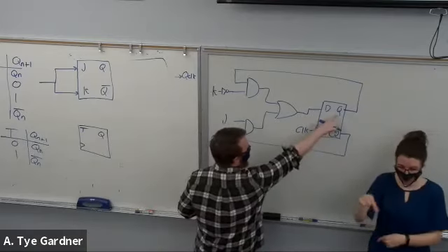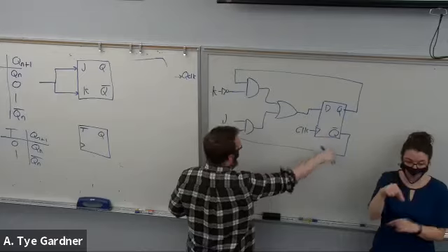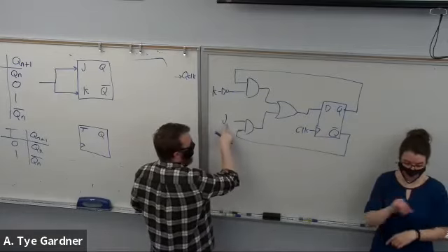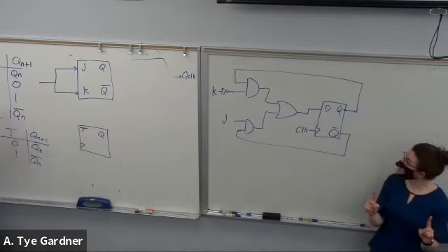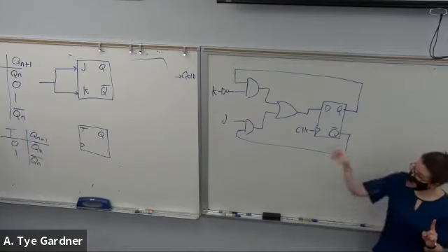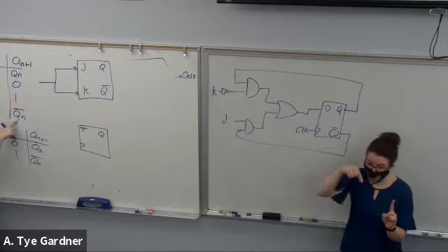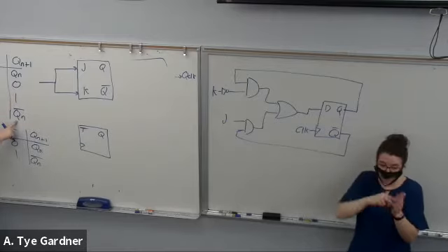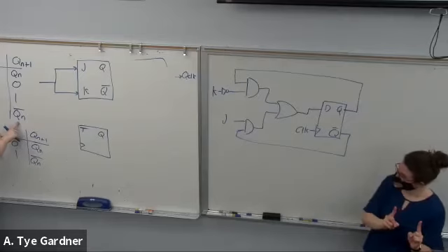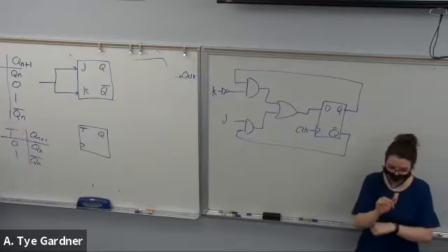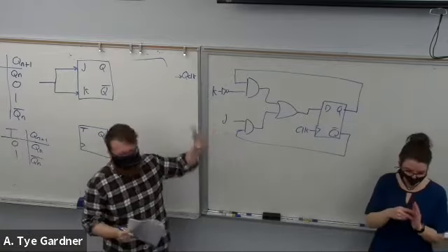So if Q is 0, meaning Q bar is 1, and J is 1, we're going to end up clocking in a 1. That's all this is saying. So the feedback is important.